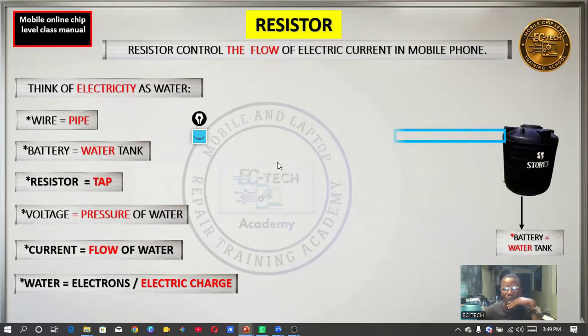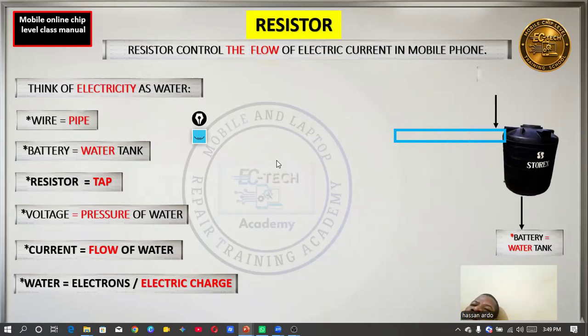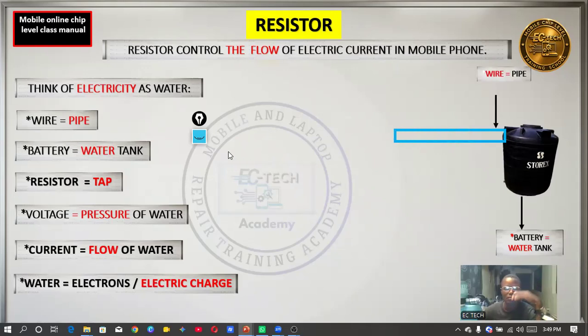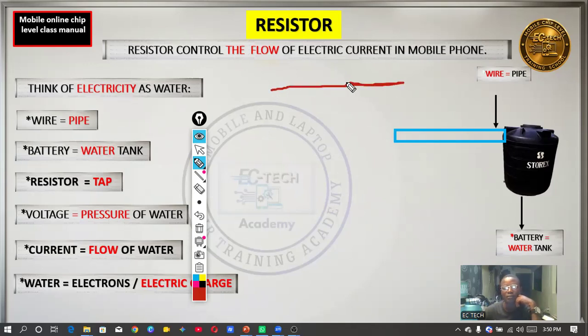So now, the pipe. On our mobile PCB, we have what we call, let me say in electronics, to transfer the current, to transfer voltage, to transfer electrons, they use copper wire. You can see that on your mobile PCB.